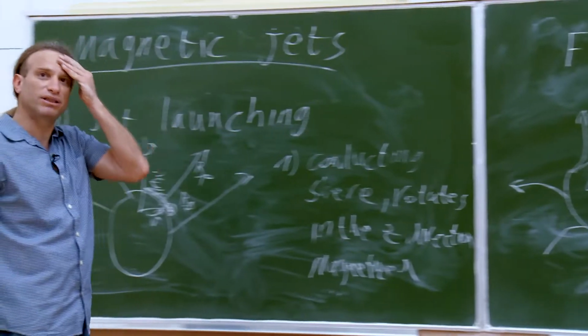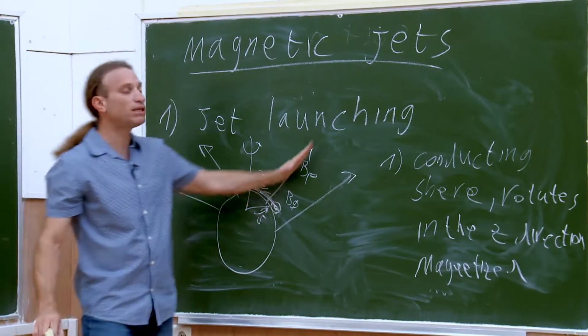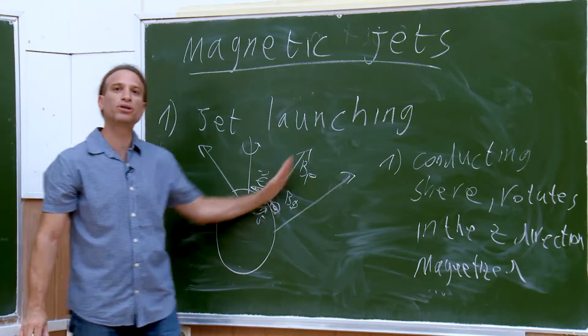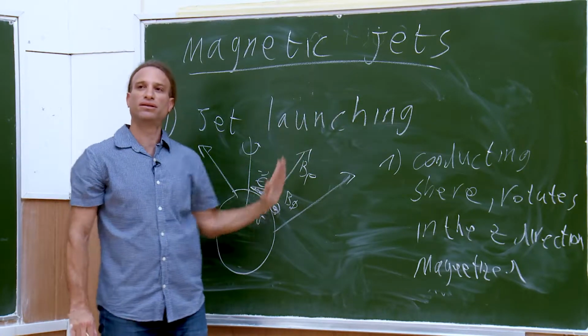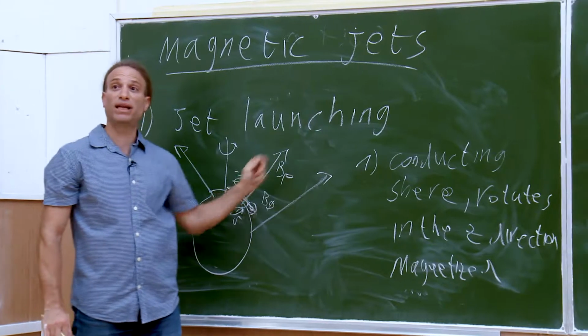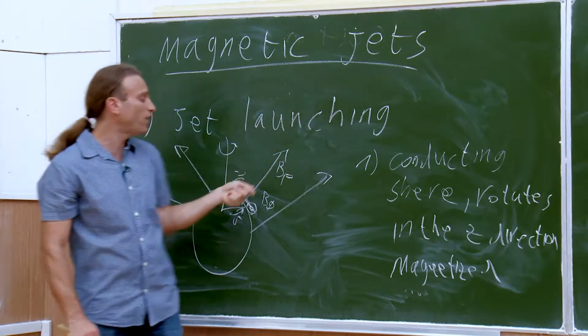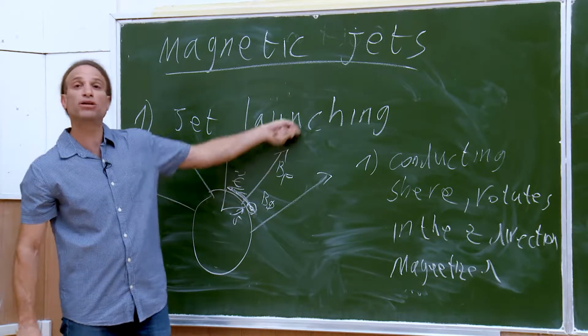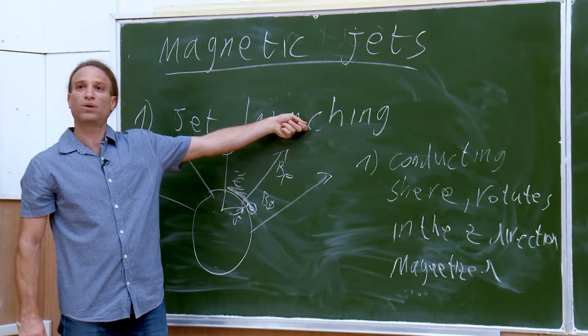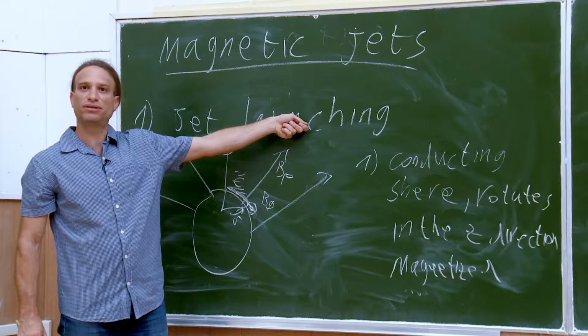So this is a Poynting flux. And the Poynting flux is directing outwards. And this outward direction takes electromagnetic energy, and this electromagnetic energy is flowing in the radial direction, roughly in the direction of the poloidal field. And this is the energy of the jet.